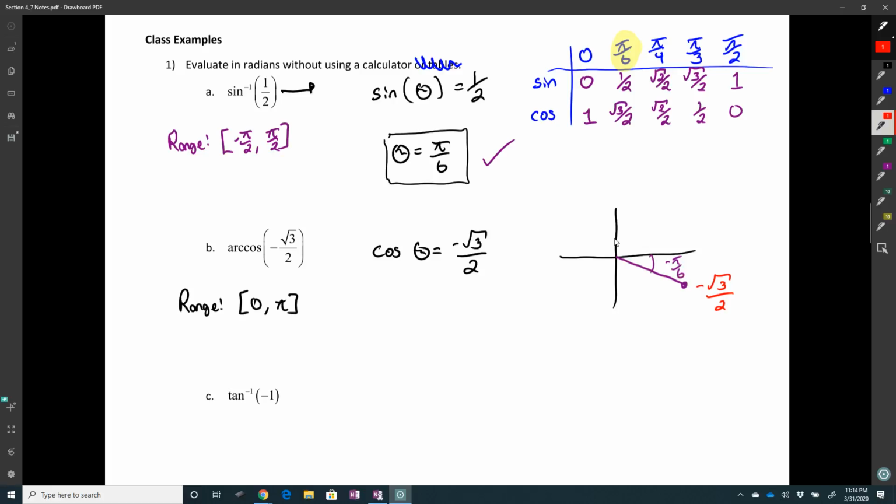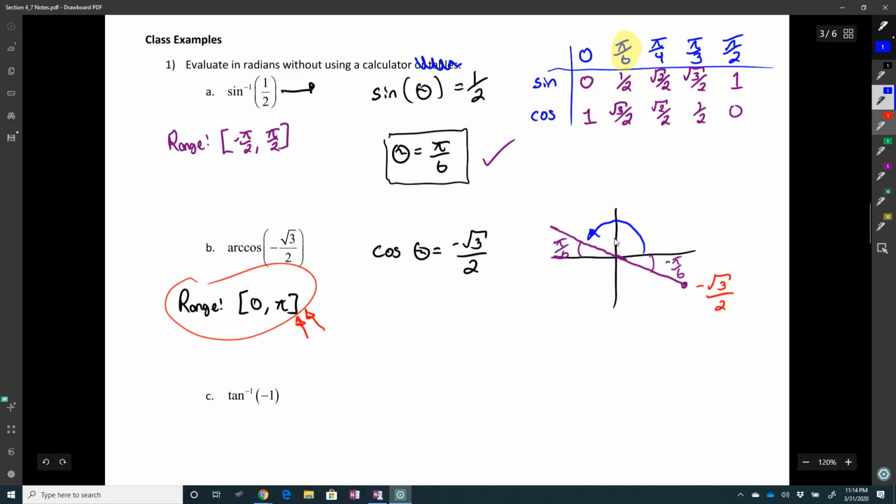That's true. But it has to be in the range. And this is not between 0 and pi, which means the answer I give has to be this other angle, where this is the pi over 6, which means the reference angle for that.